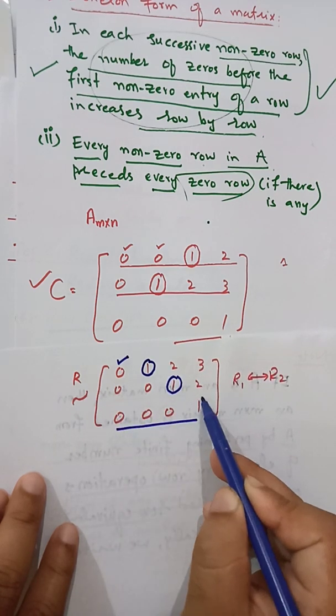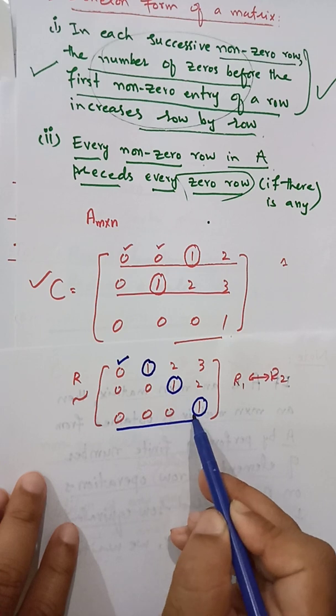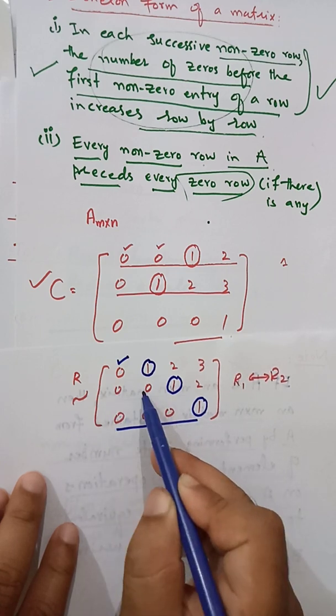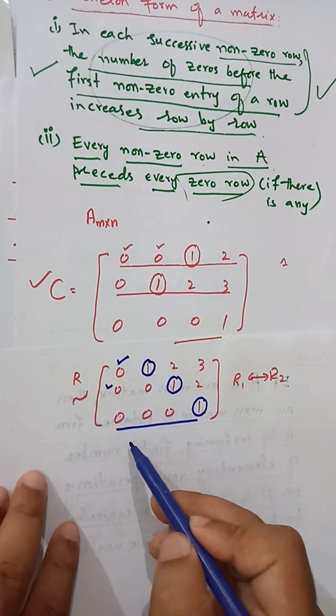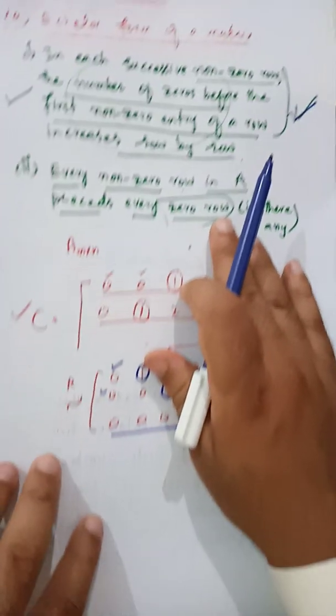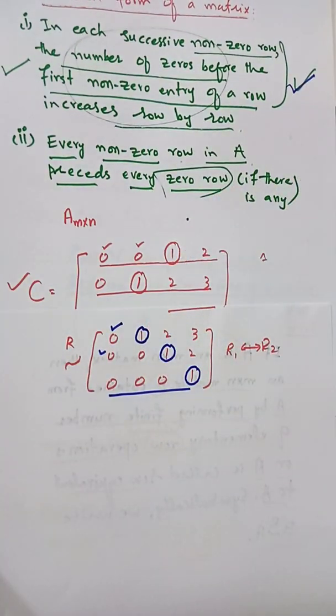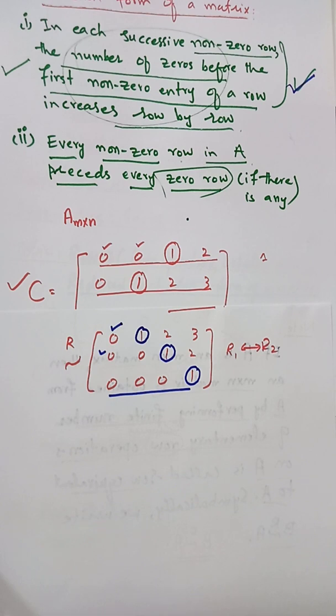There is the third non-zero row. This is the first non-zero entry of the third non-zero row. Before that, there are 3 zeros, so it means that the number of zeros from the previous row increases. So you see that this matrix satisfies condition number 1 for the echelon form of a matrix, or row echelon form of a matrix, and there is no zero row, so you don't need to check condition number 2.